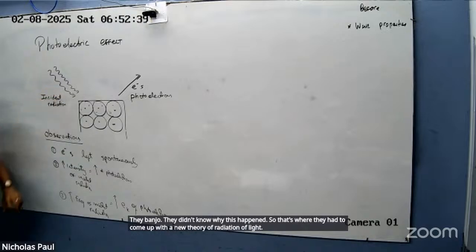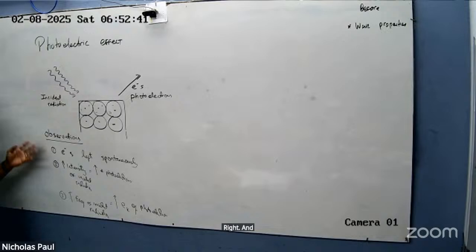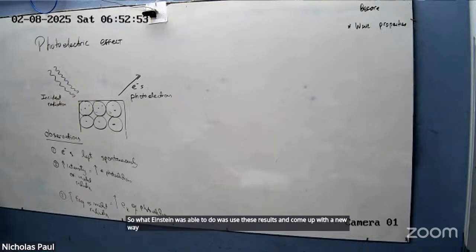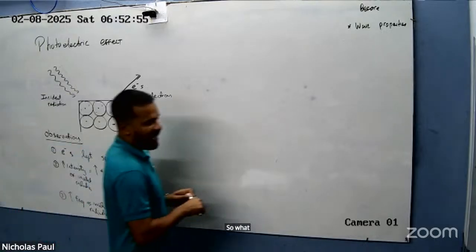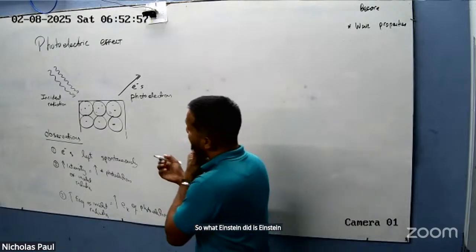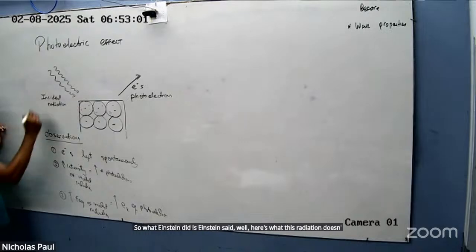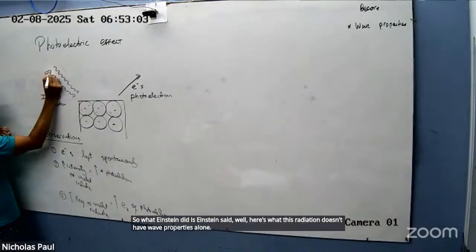And who was the guy who put it all together? Einstein. So what Einstein was able to do was use these results and come up with a new way to view light. Einstein said, but here's what: this radiation doesn't have wave properties alone. It appears to be acting as a particle.